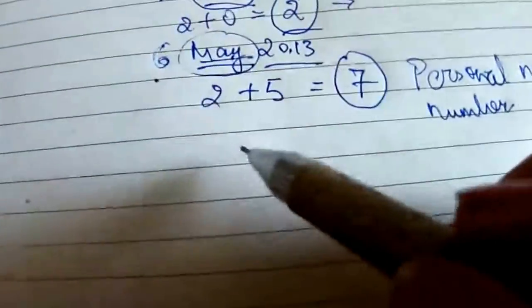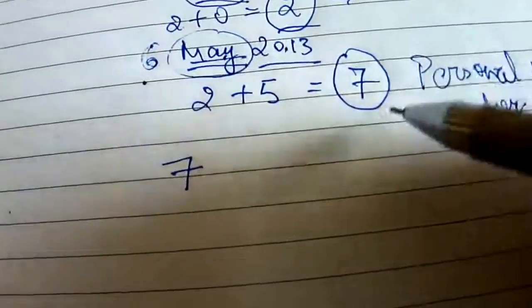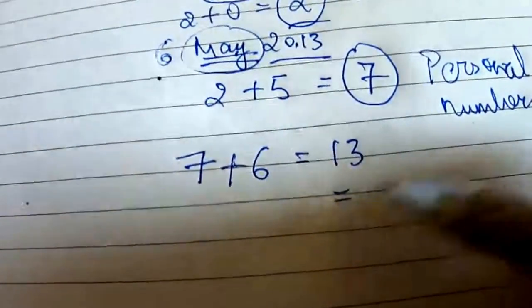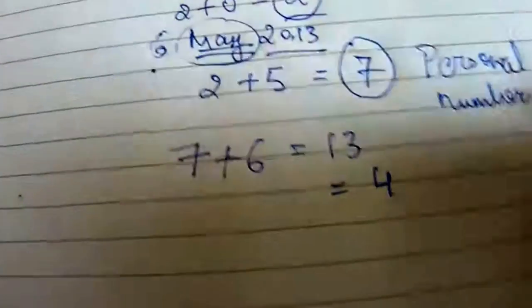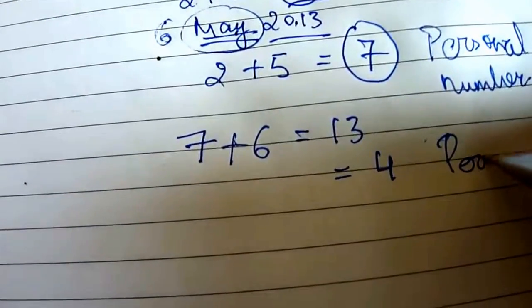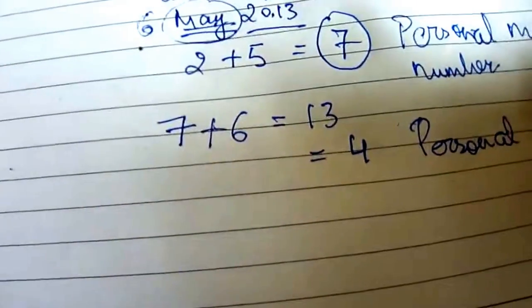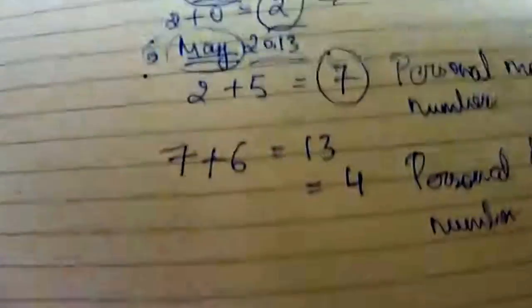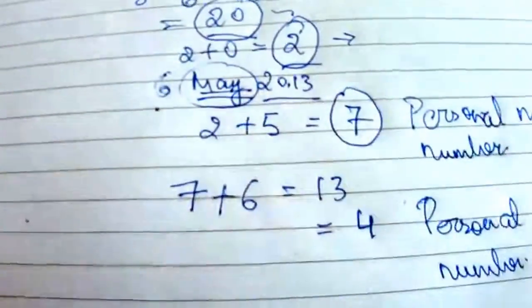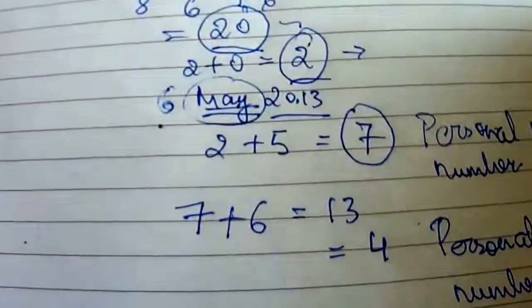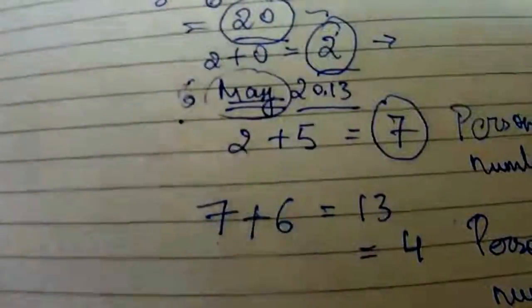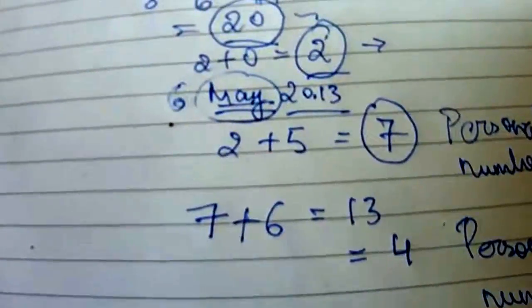You take the number 7, that is your personal month number, add it with 6, that makes it 13, which is equal to 4. So this becomes your personal day number. Now you understood about the personal month number, personal day number, and personal year number. Those days, those months, and those years will be guided strongly by these numbers.